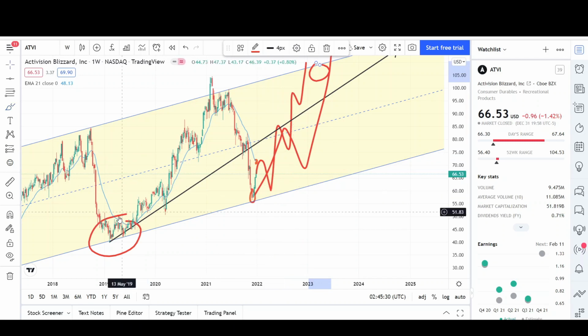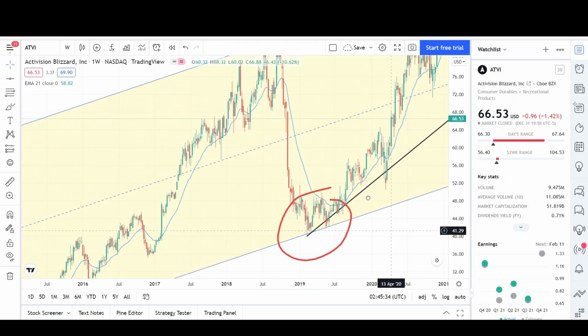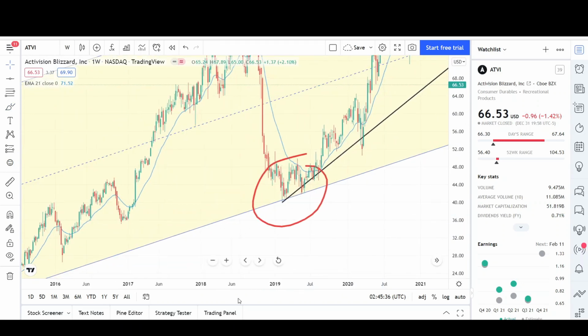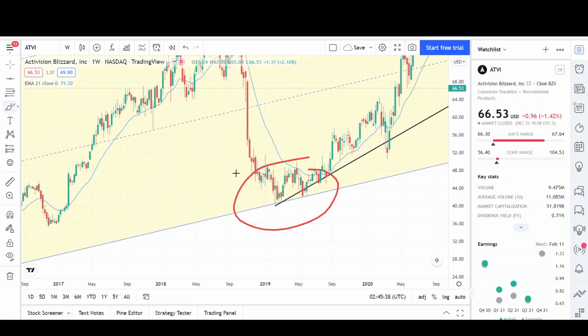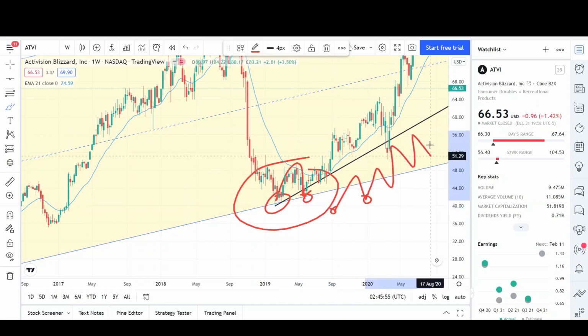another pullback, kind of like this higher low, what previously happened here back in 2019. You can see that the market bounced from the support side of the channel, but then it came back one more time to the channel and made a higher low, because this low right here is higher than this one. And that's what pushed prices up.